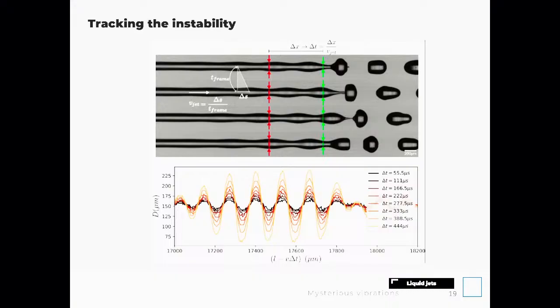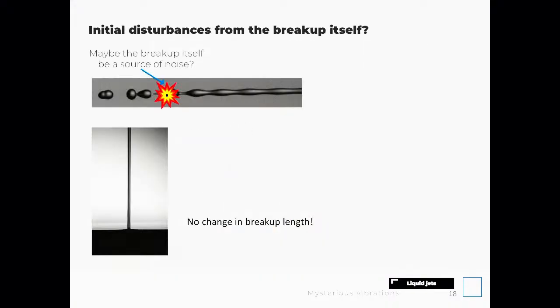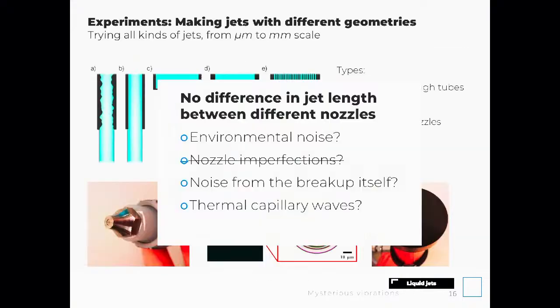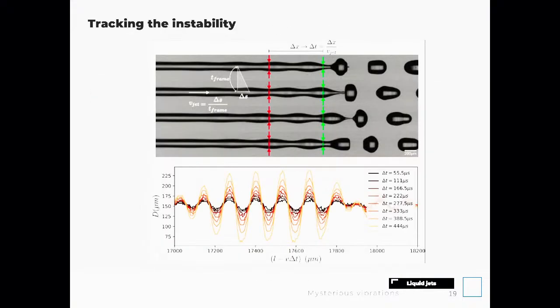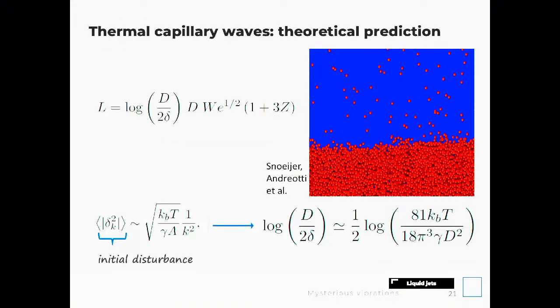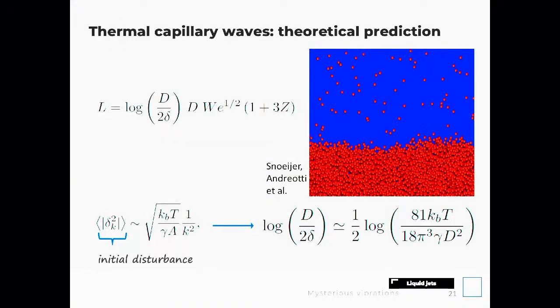If you go to too large or too small wave vector, the amplification is actually 0 or even negative. And the magic of the capillary waves is that they happen at all length scales.